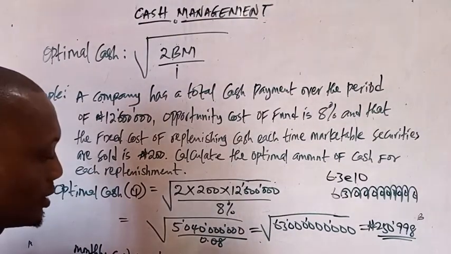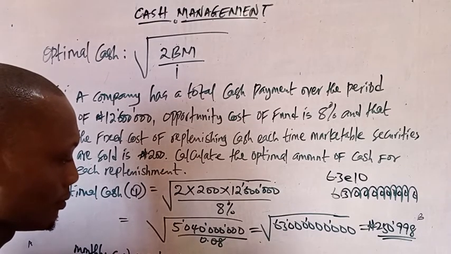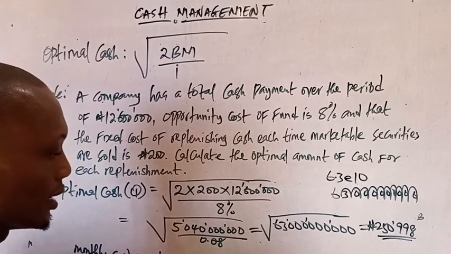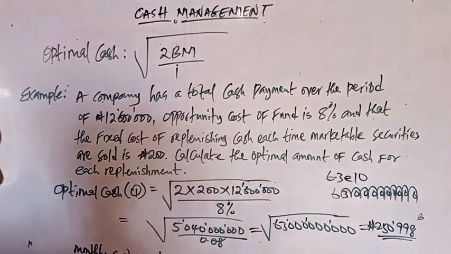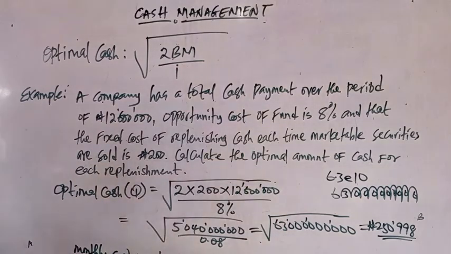Okay, the monthly cash payment is 1,050,050 naira. So you have now seen that this is the monthly cash.